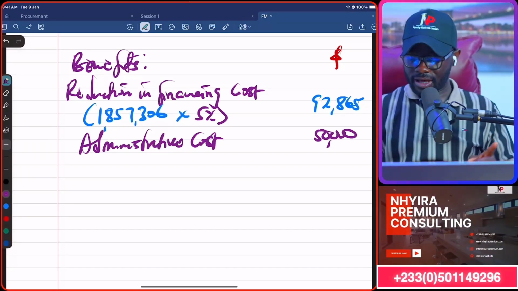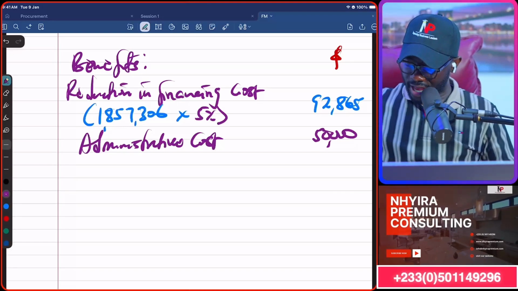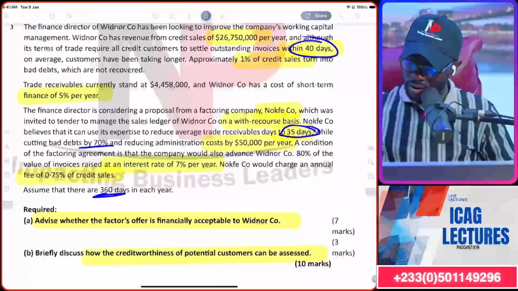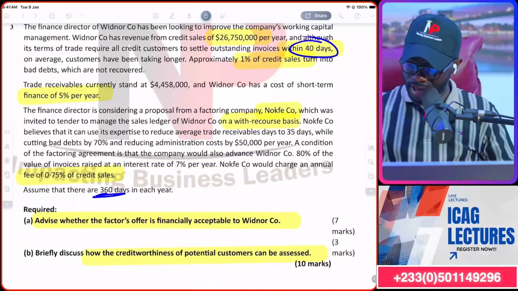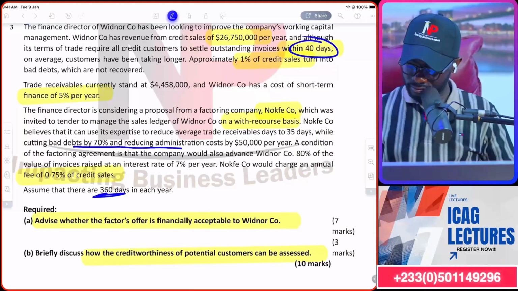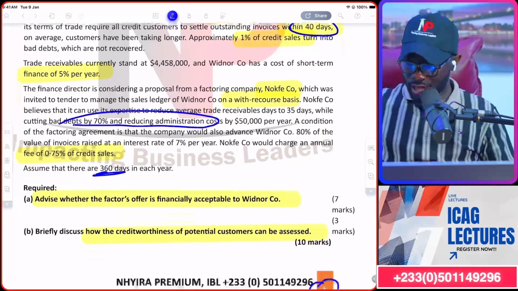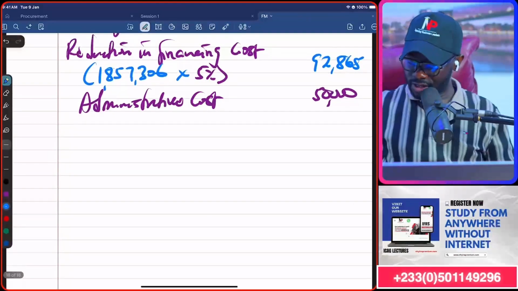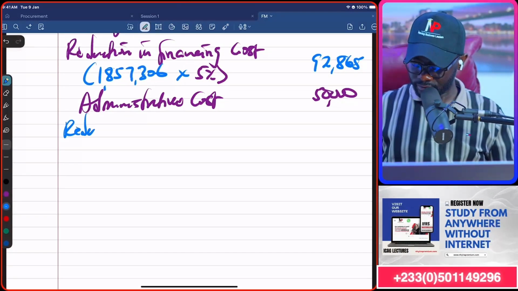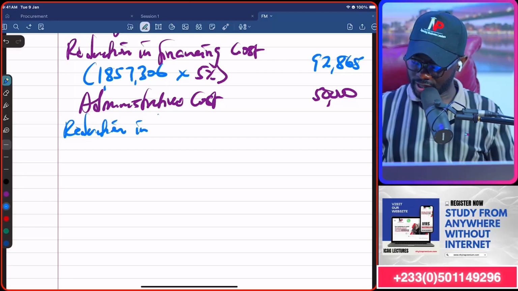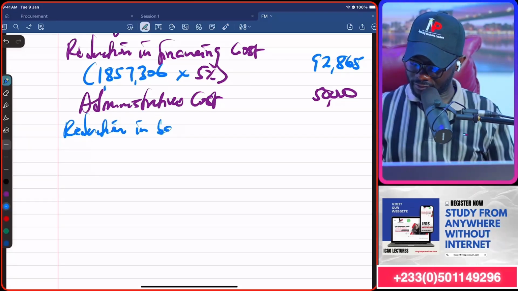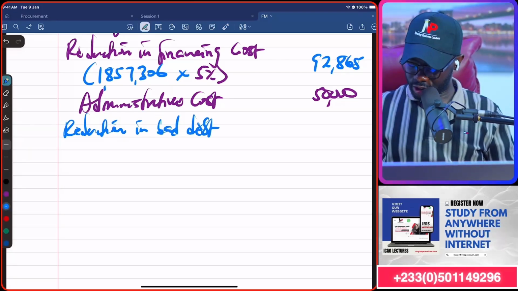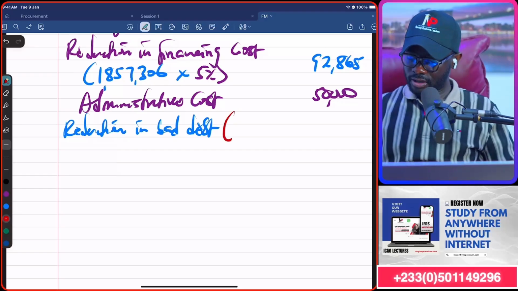Then remember, they said by their presence, they will reduce our bad debt by 70%. So let's get the bad debt and then 70%. So reduction in bad debt. That's a benefit. It means more money you are getting.